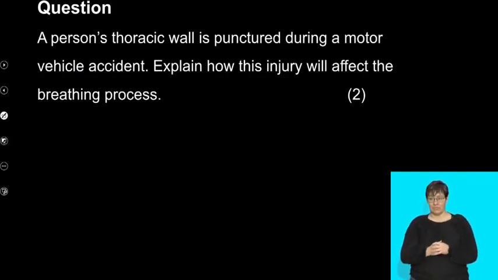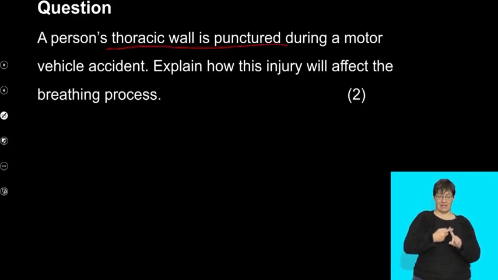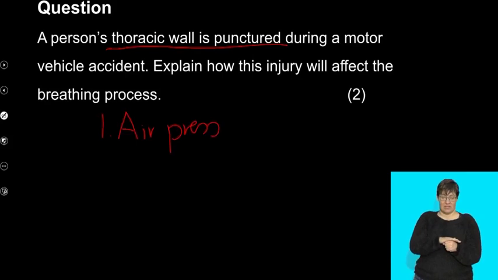Okay, another question, a person's thoracic wall is punctured. We said during a motor accident. Explain how this will affect the breathing process. So guys, what happens if it's punctured? All right, the air pressure. So we don't have any air pressure anymore. The air pressure decreases.